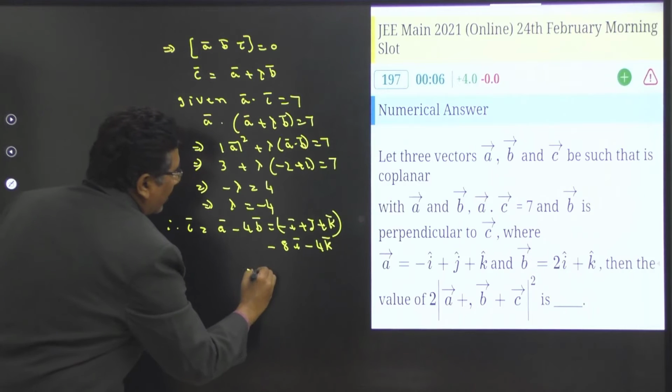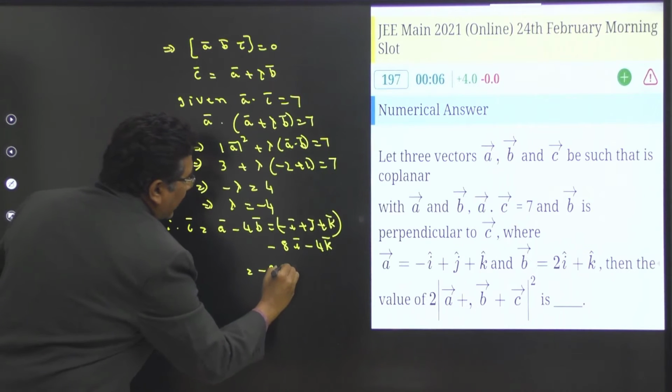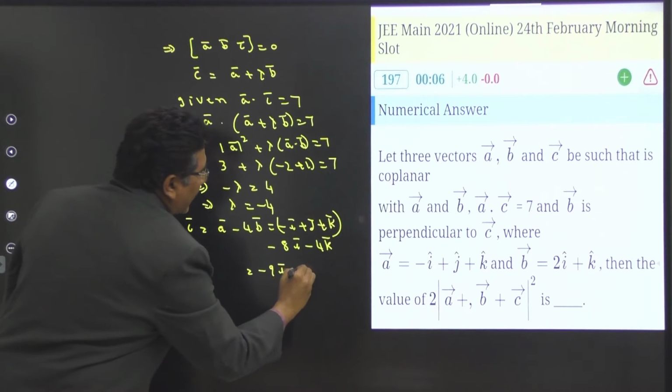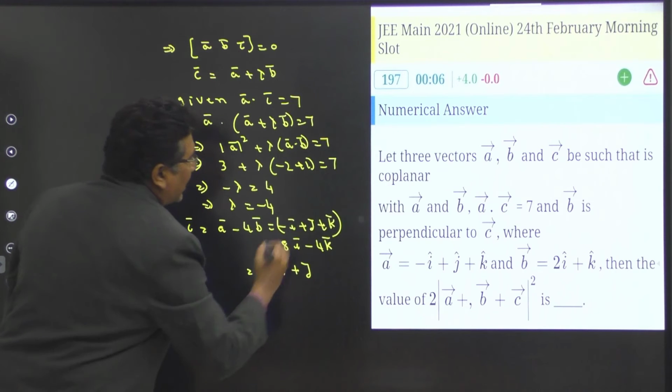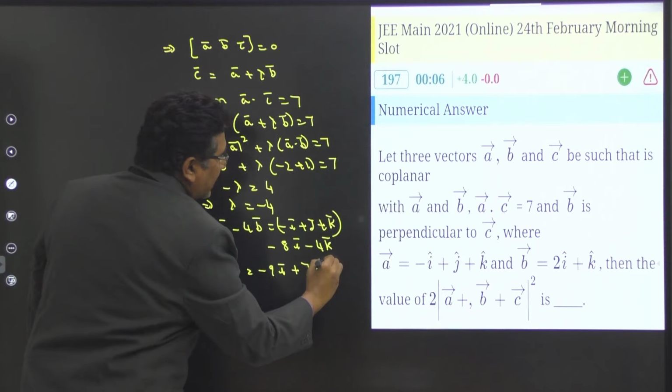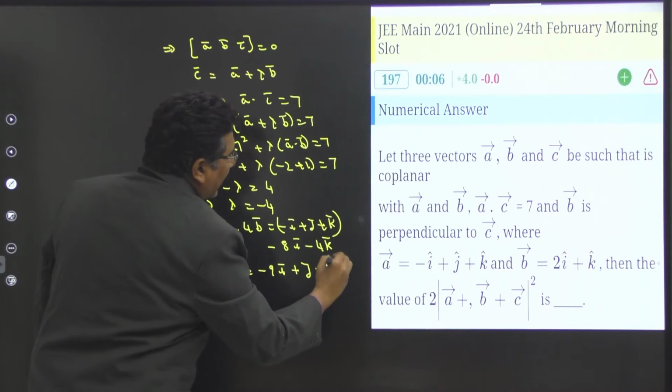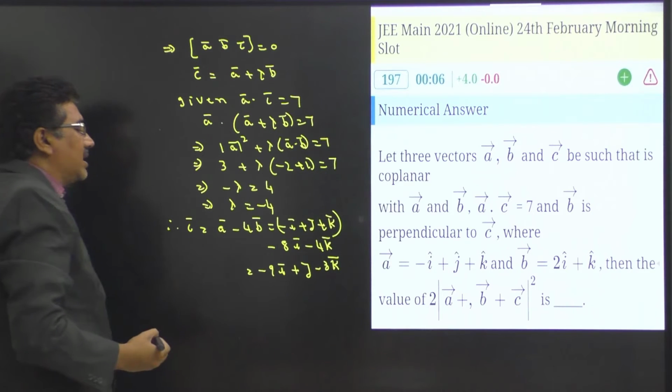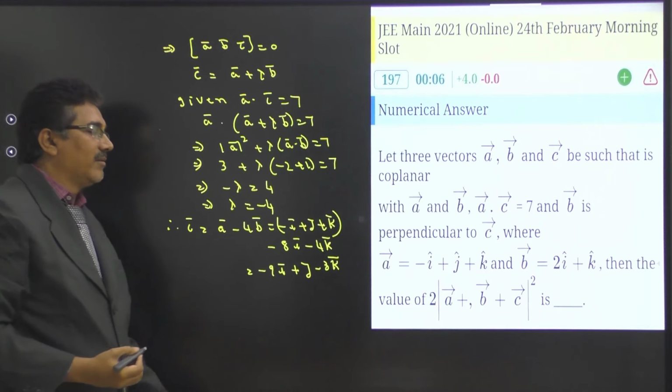That is equal to minus 9i bar plus j bar plus k bar minus 4k bar, that is minus 3k bar. That is c bar.